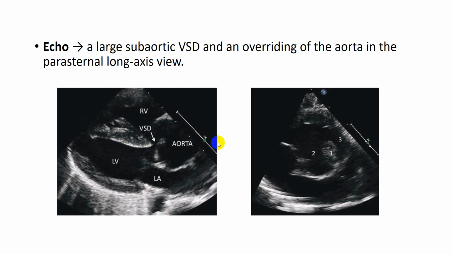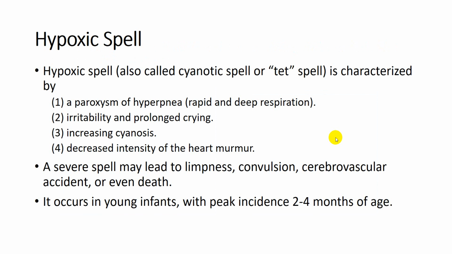This is overriding, large VSD, and right ventricular hypertrophy. In addition, the short axis shows severe RVOT obstruction.